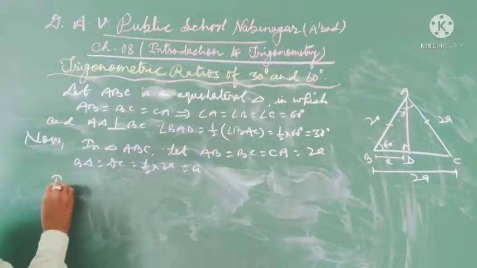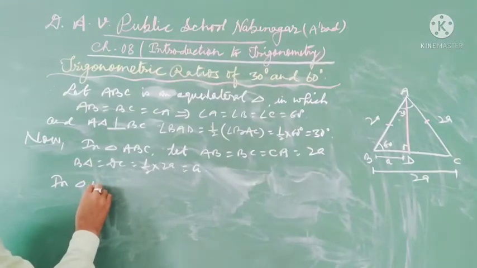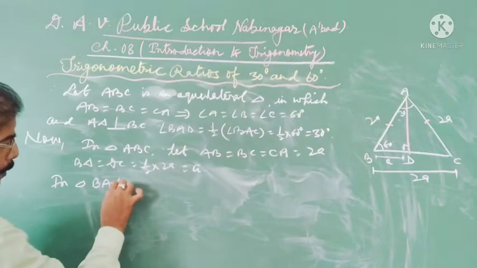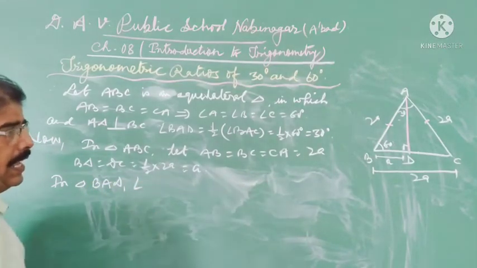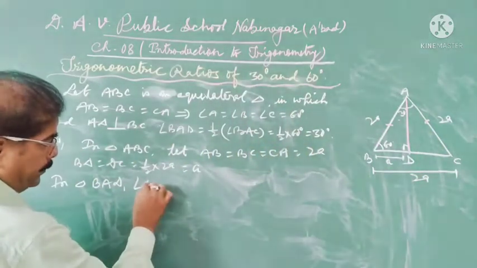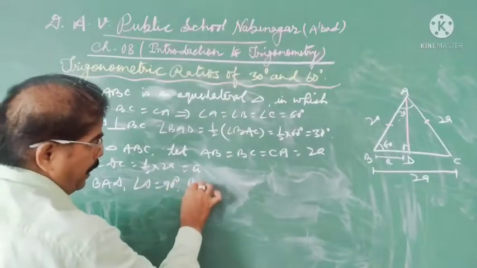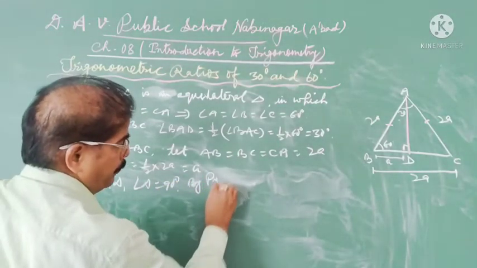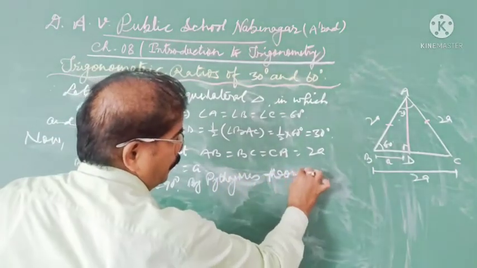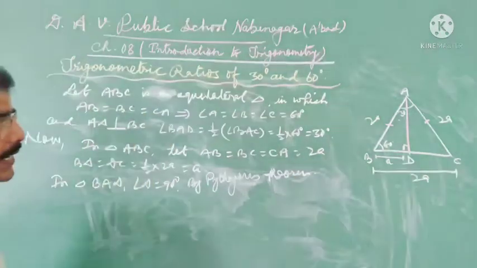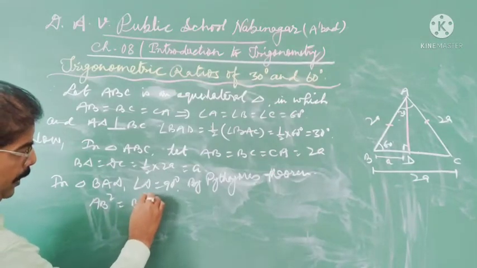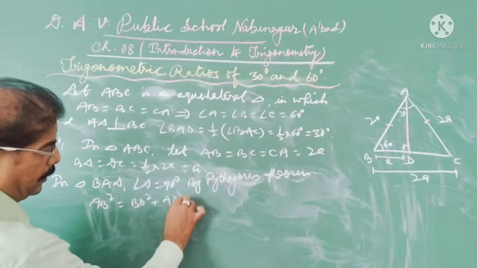Now in triangle BAD, angle D is 90 degree. So by Pythagoras theorem, AB square equal to BD square plus AD square.